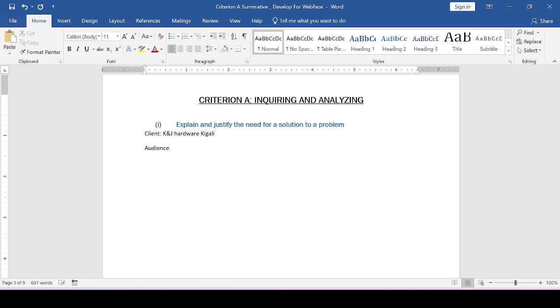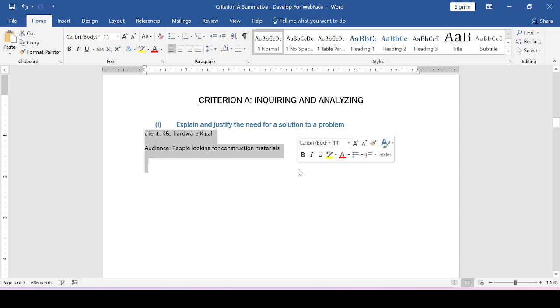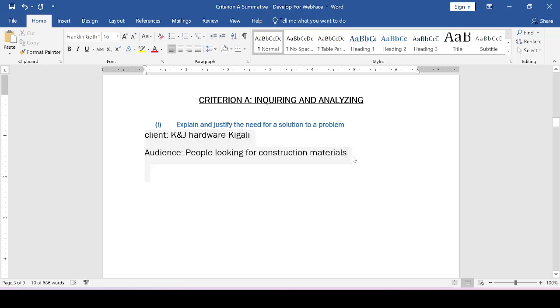Then the audience can be people looking for construction materials. So here we will have maybe civil engineers and other people in Kigali.